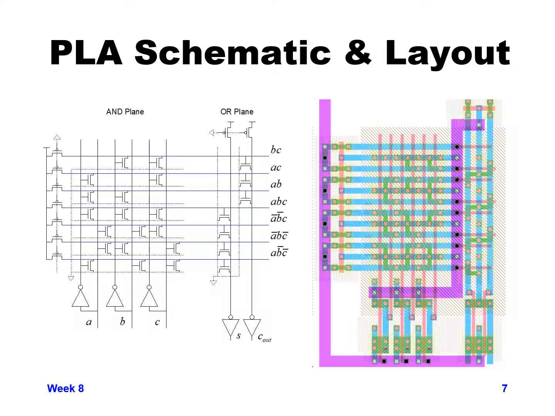But in this case, since they're using pseudo NMOS, that weak PMOS is not just a keeper, it actually pulls the value up actively if nothing's pulling down. So we can have pseudo NMOS followed by pseudo NMOS. That's one advantage to pseudo NMOS over domino, for example.